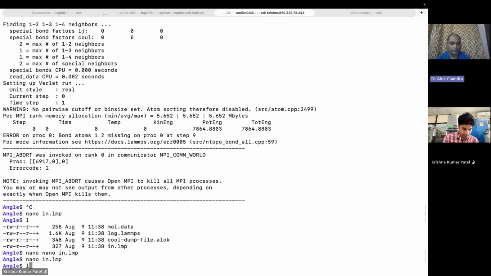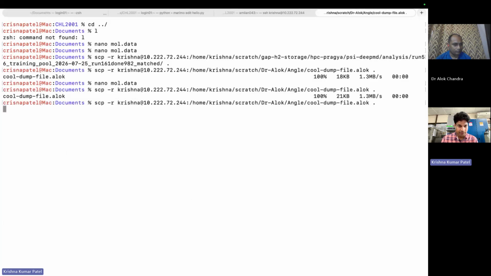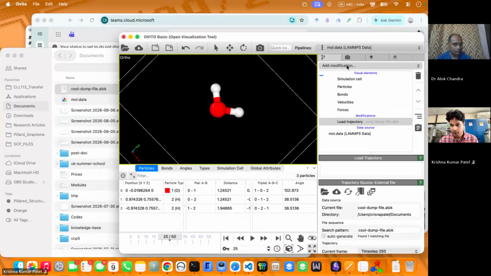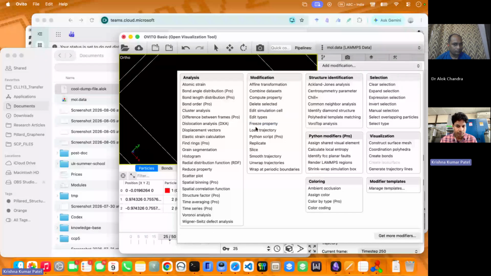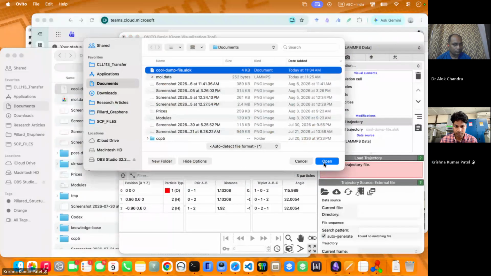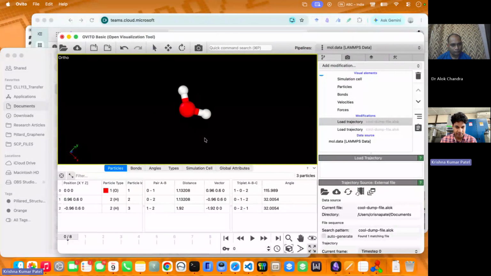Then run it again. The same problem occurs, of course. Then copy the trajectory file and load that. There you go. We have 9 frames here.